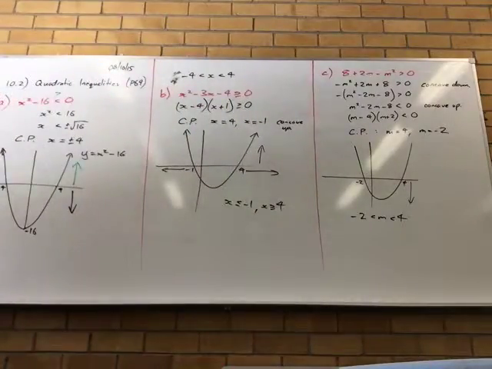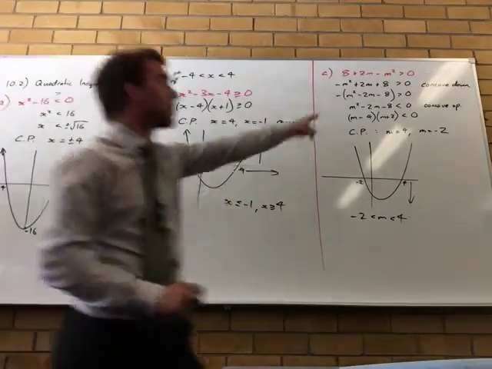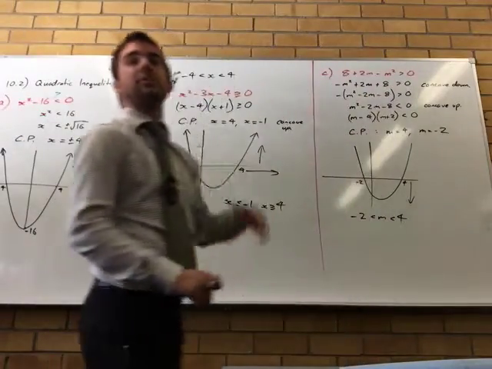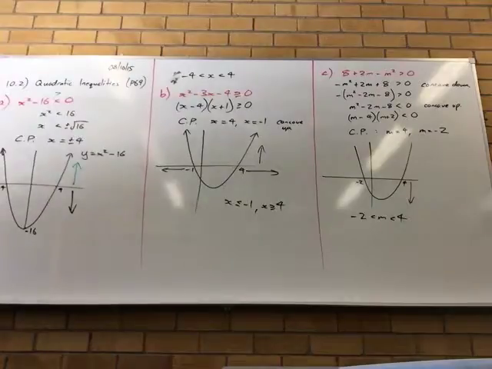If I picked 5, 8 plus 2 times 5, which is 10. So 8 plus 10 is 18. Take away 5 squared. So 5 squared is 25. 18 take away 25 is -7, which is not greater than 0. Alright, so that's one technique you can use to check your solution.